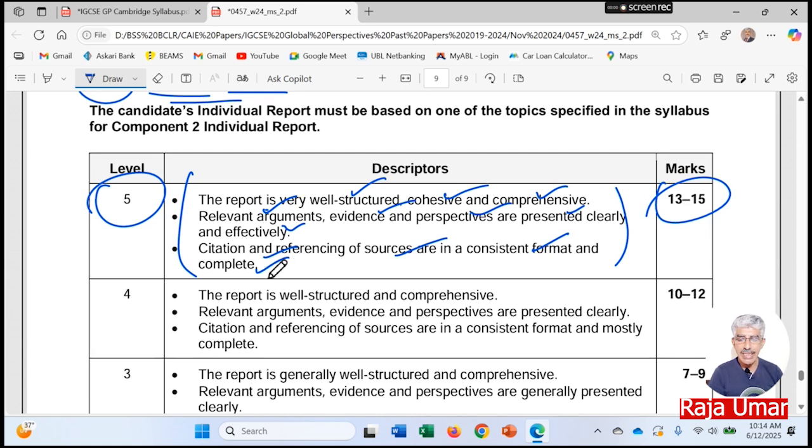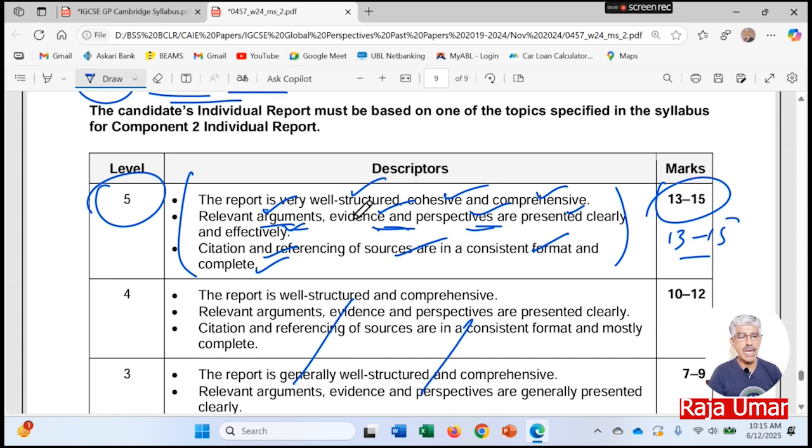If all these things are there, then you will be awarded 13 to 15 marks, and at times, when all these things are available, the full 15. If something is missing, like some relevant arguments, lacking some evidence, or some perspectives not clearly presented, then you might be getting 13 marks out of 15. This is how the marking is done. Again, I am not suggesting the lower levels, as the focus is the top level to attain the maximum marks of 15.